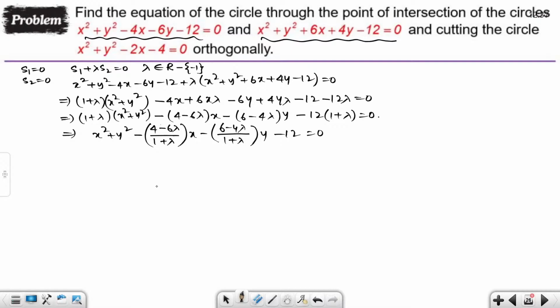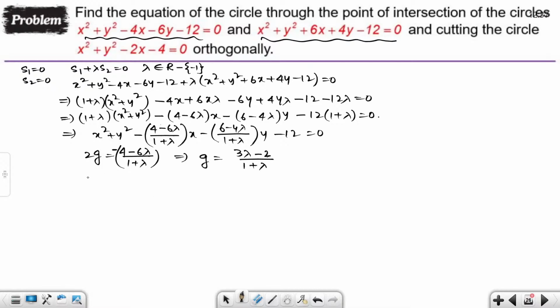Am I correct? So now if I ask you what is your g in this case, your 2g will be 4 minus 6 lambda by 1 plus lambda, definitely with a minus sign. So from here your g is coming to 3 lambda minus 2 divided by 1 plus lambda, right?